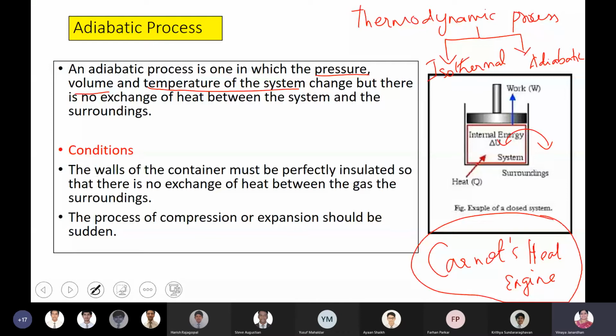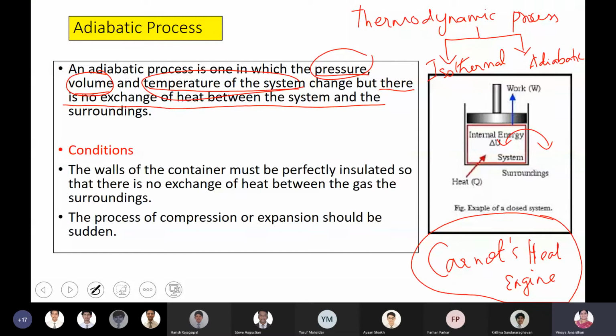So an adiabatic process is one in which the pressure, volume and temperature of the system, particularly of the gaseous working substance, change. The reason is that heat can neither escape nor enter the system.